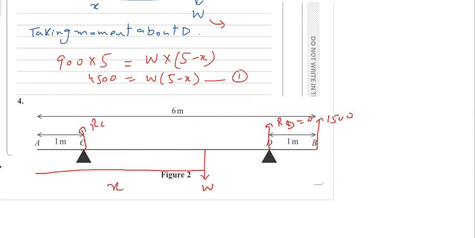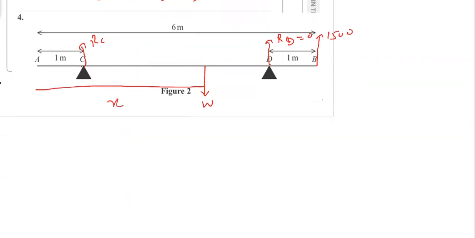Then it will tilt about this point, so I will take the moment about point C. First I need the distances of each force from C. This 1500 Newton is acting here, and its distance will be 5 meters.